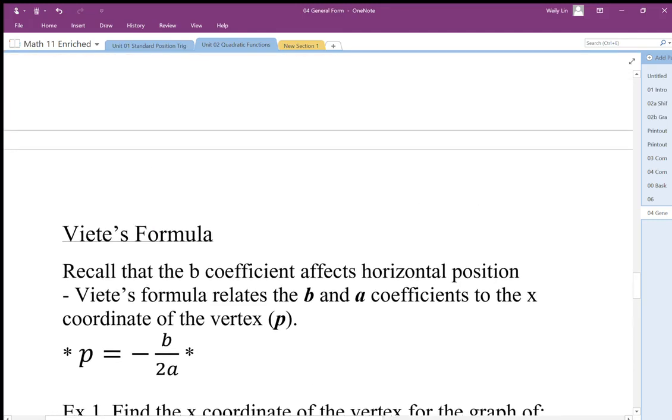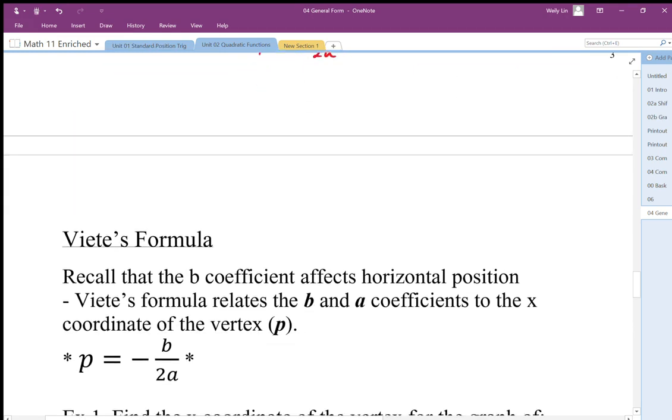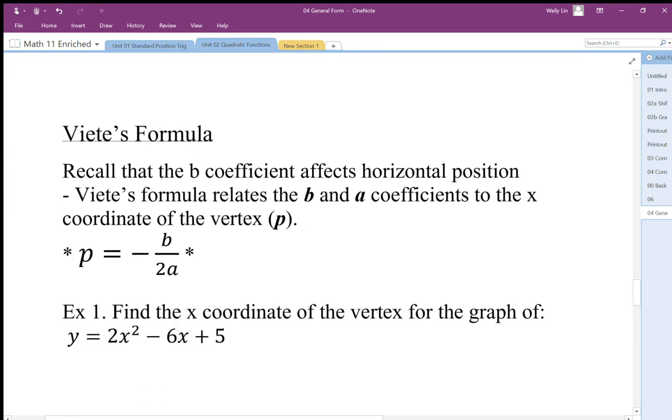If I want to solve for P, I divide both sides by negative 2A. This then is something called Vieta's formula. If I want to find the x-coordinate of the vertex, I'm going to use this formula.